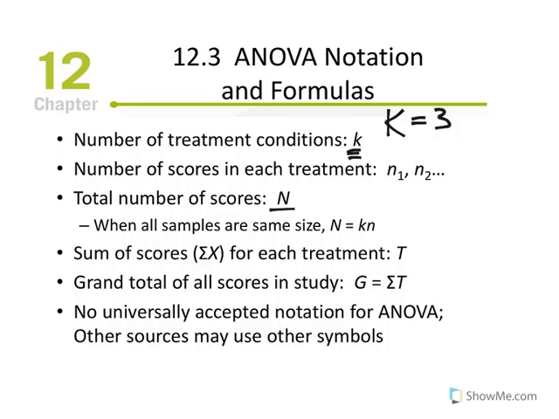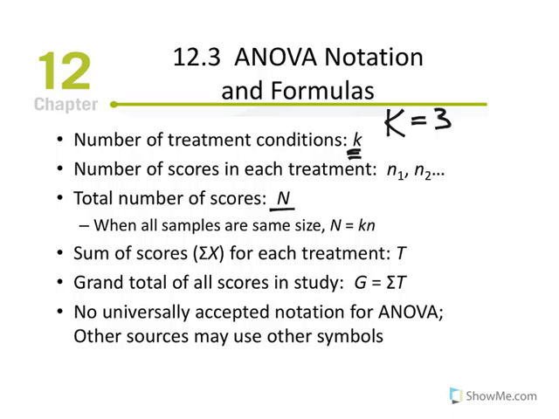In chapter 1, we learned that capital N is representative of the population size. For analysis of variance, capital N represents the sum of sample sizes across conditions. So it's the total number of scores given all the conditions that we're testing.